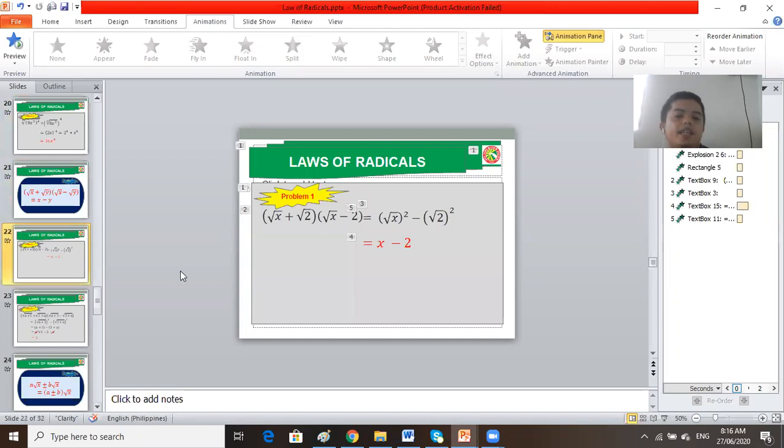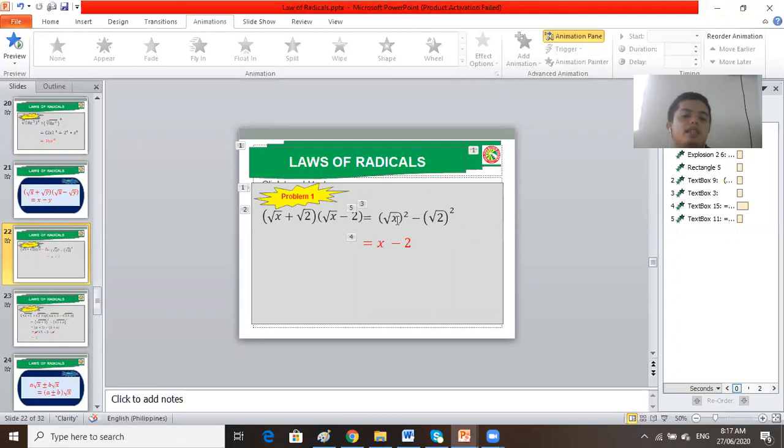So for example here, the square root of x plus 2 and the square root of x minus 2. They have the same first term and second term, but it matters only in the plus and minus. So all you have to do is square root of x squared minus square root of 2 squared. It will cancel the exponent and the root.